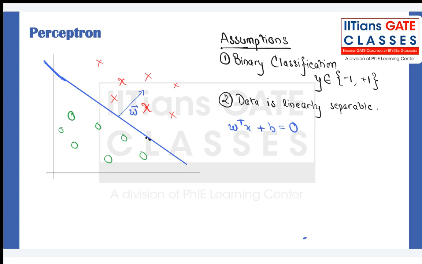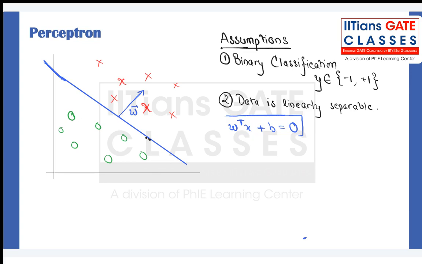This is the equation of the hyperplane. If I have a perpendicular vector W, then this equation W transpose X plus B is 0. The proof is very long. This was taught, I guess, in your high school and college as well when you studied vectors. Proof is very long, so that is not something that I'm willing to do now.